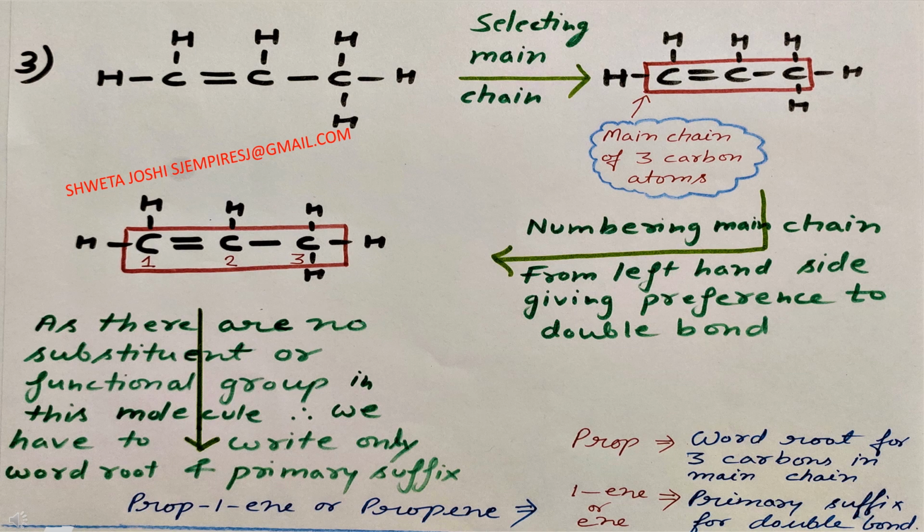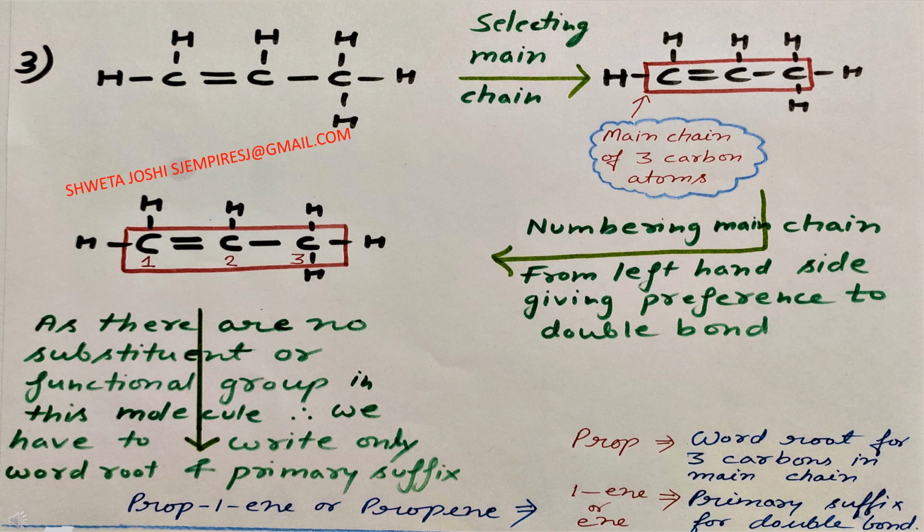In this case also, there is no functional group or substituent group present. That is why we have only two parts, that is word root and primary suffix. Because of the presence of 3 carbon atoms in the main chain, the word root will be prop, P-R-O-P. And because of the presence of double bond in the compound, primary suffix will be ene, E-N-E.